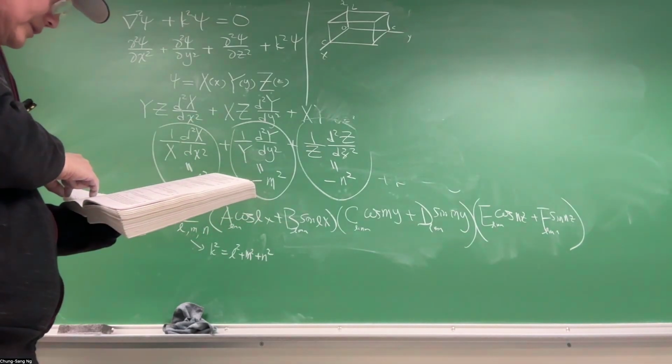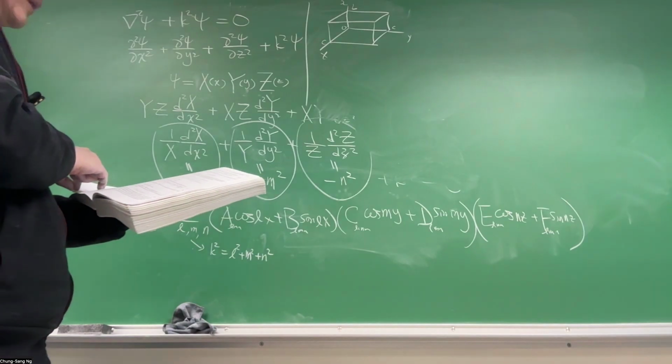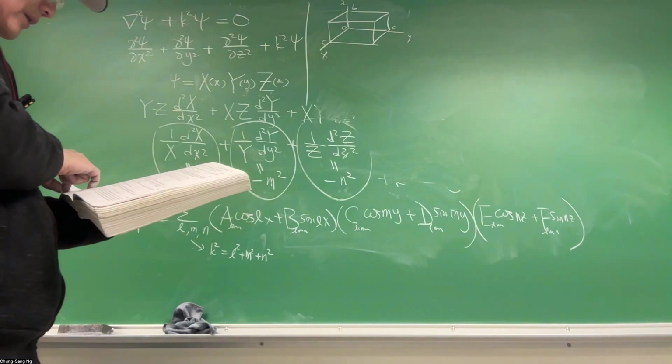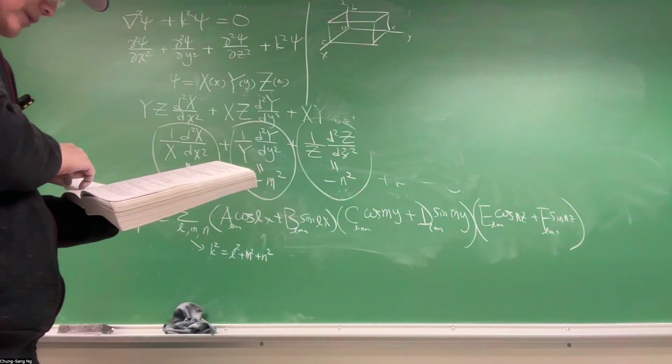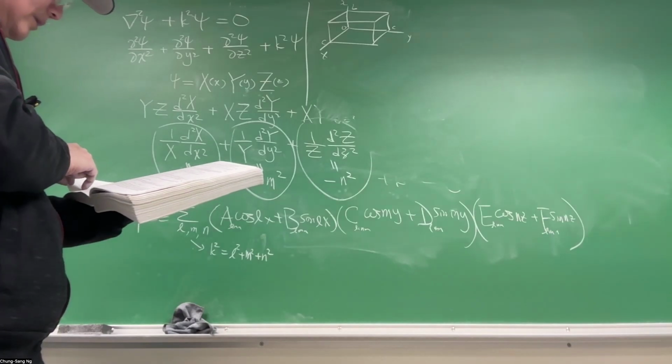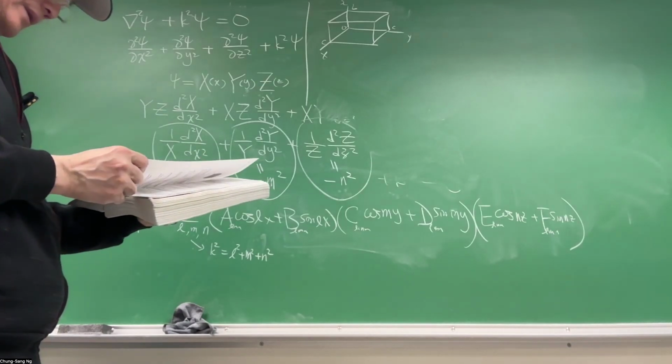And the boundary condition is that every surface is 0 except the top one.